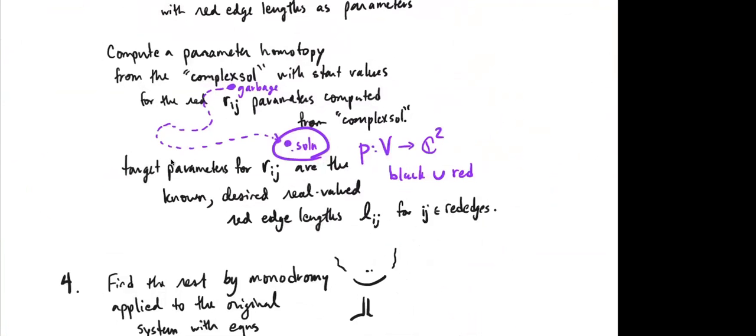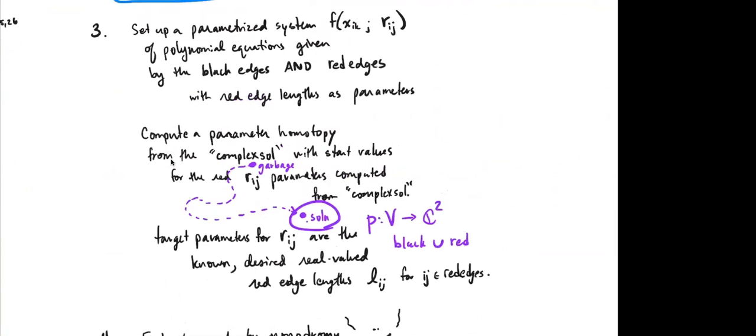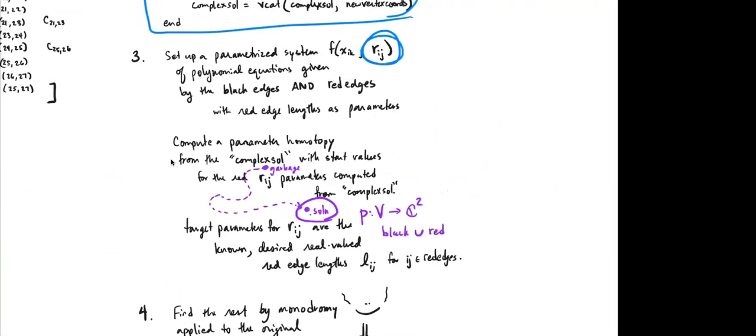And now we have our complex valued solution that we produced by these quadratics with the green edge lengths being random complex numbers. And so that's sort of a garbage solution. It has no meaning, but we will perturb it in the space of parameters given by the red edges.